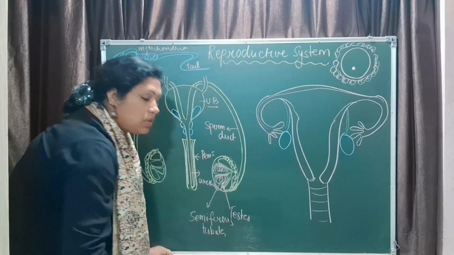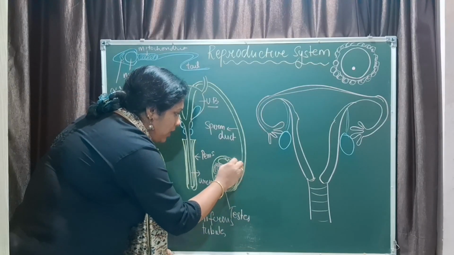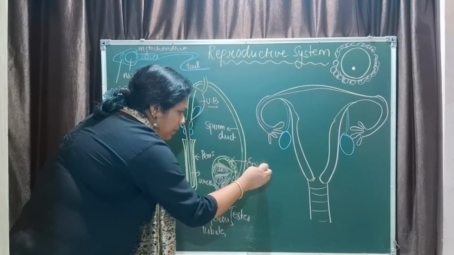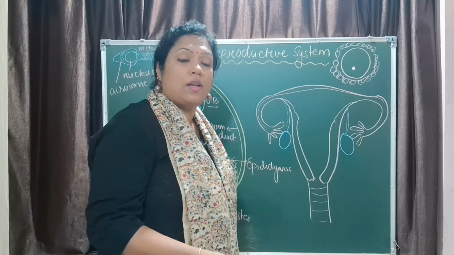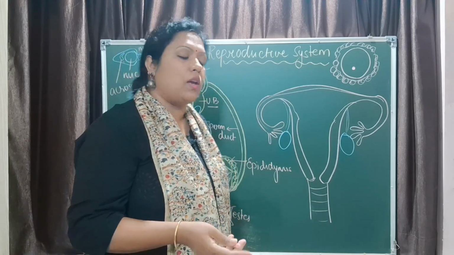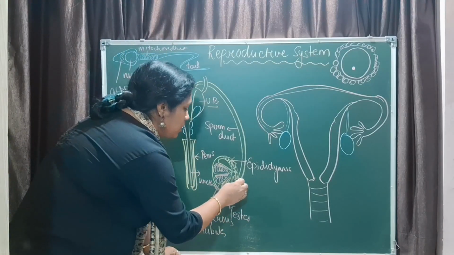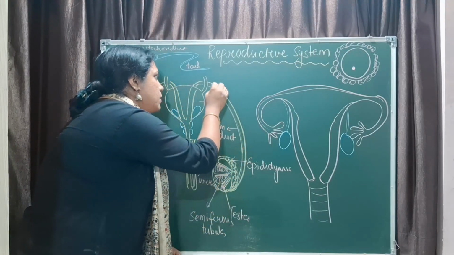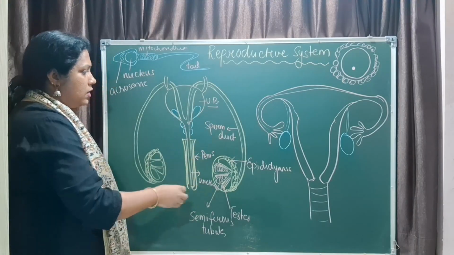Now the sperm produced here is not mature enough, so it goes to the epididymis. This coiled structure is called the epididymis. The sperm stays for some period of time and gets matured, develops a tail, so it gains mobility. After the sperm matures, it travels through the sperm duct into the main organ to be ejaculated.